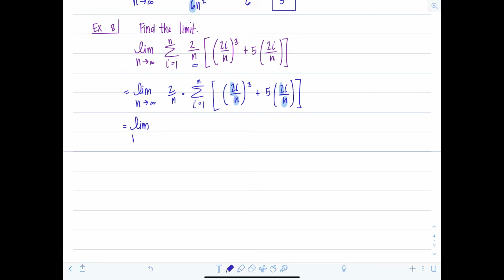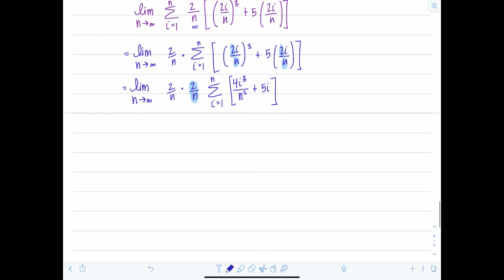So now I have the limit as n approaches infinity of 2 over n times another 2 over n that I factored out, and then I'm left with the sum i equals 1 to n. Now what am I going to be left with? I took one of the 2's out, so I'm just going to have a 4i cubed over n squared. Remember, I took 2 over n out of that term, plus 5i, since I factored out the 2 over n.